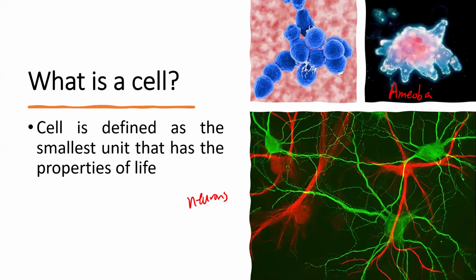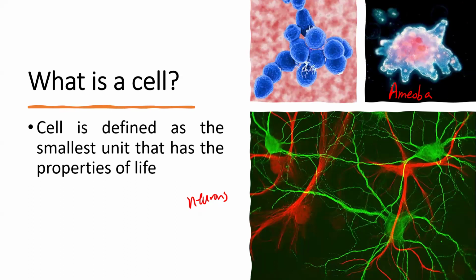And how do you define a cell? It is the smallest unit that still retains all the properties of life. We learned about the properties of life in the first lecture, right? The ability to maintain homeostasis, there's an energy requirement, so on and so forth. All those characteristics are still true on the cellular level.